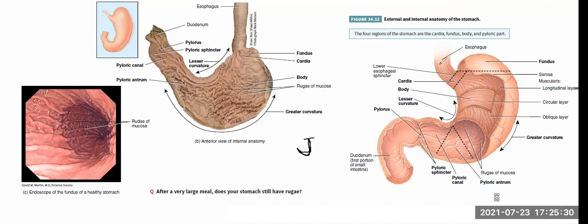When food comes into the stomach, the stomach mixes it with the gastric juice that it secretes from various gastric glands. We'll talk about the gastric glands in a moment. When it mixes the bolus with the gastric juice, it converts the bolus into liquid, which we call chyme.